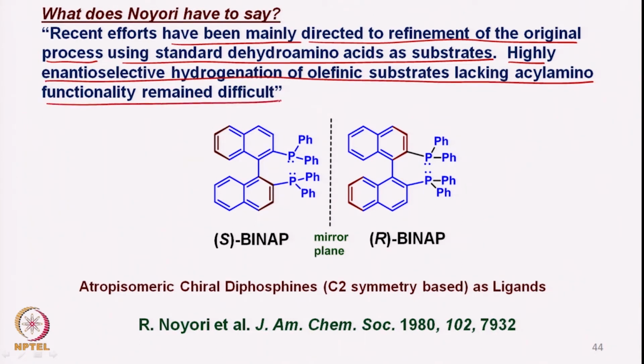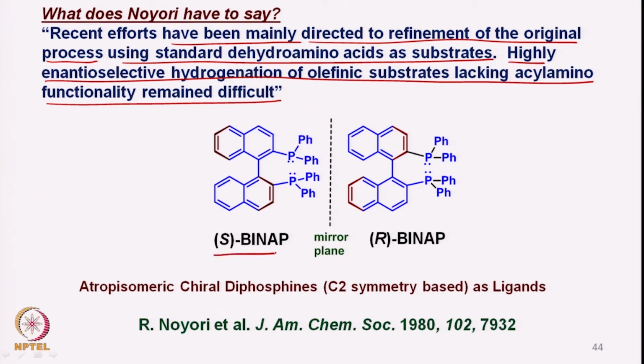So, the kind of substrate that was used by William Knowles was found to be good for the preparation of L-DOPA, but Noyori also looked at the hydrogenation of other double bonds which were lacking the acylamino functionality.